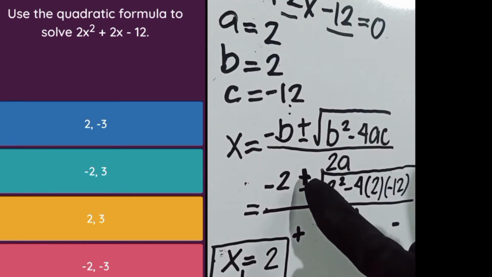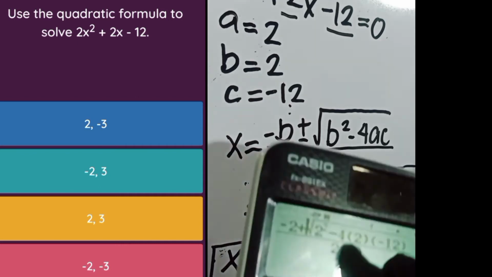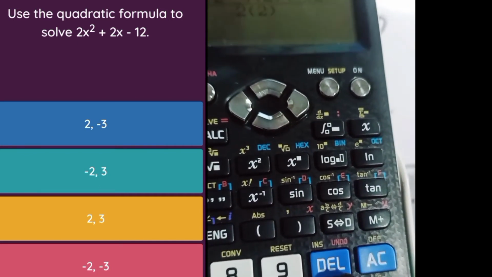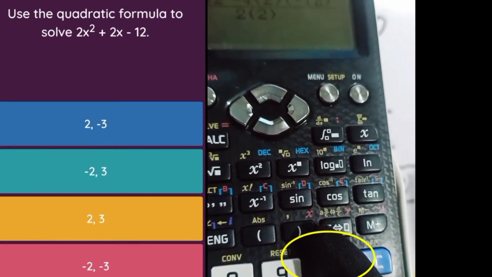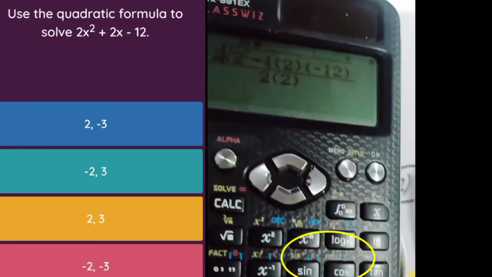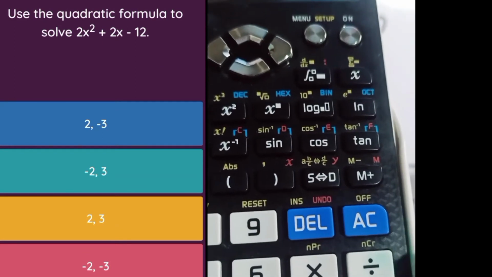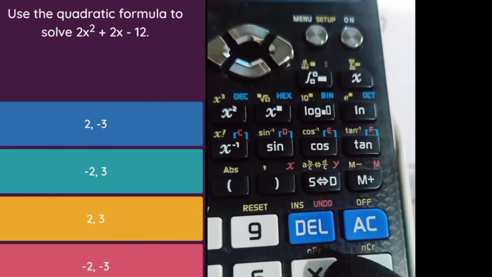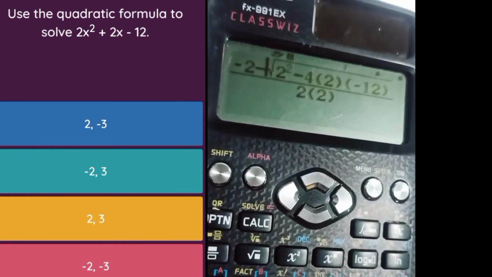So instead of plus, this time delete the plus sign and make it minus. So we delete with the DEL there, that's delete. So we press it and then we change the plus sign to minus sign. So let me press minus. Okay, so there we have it.